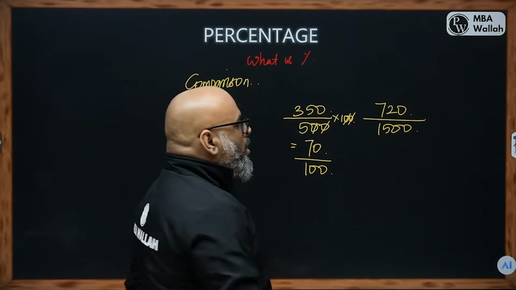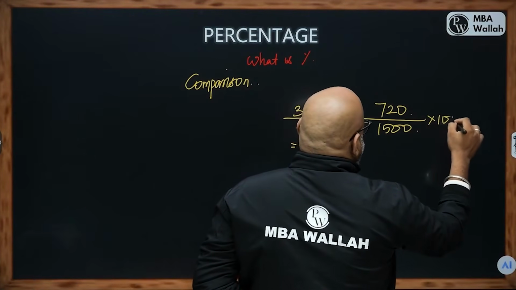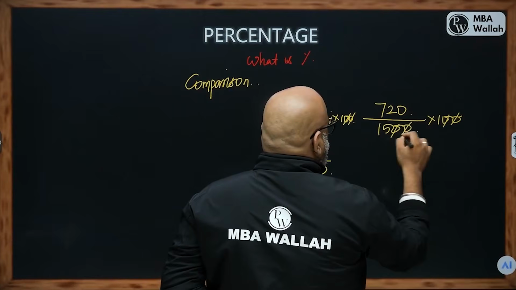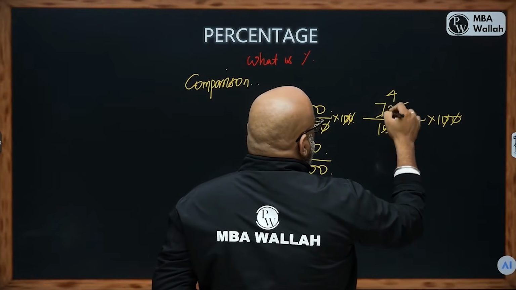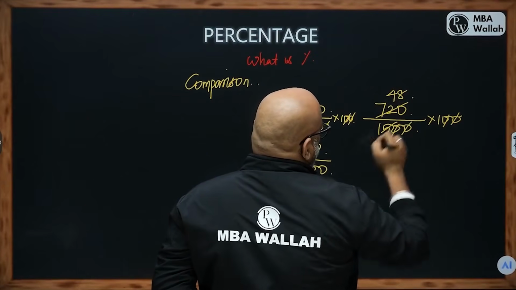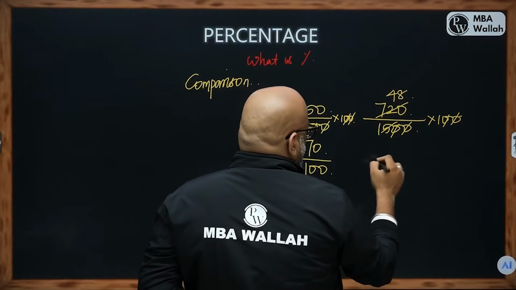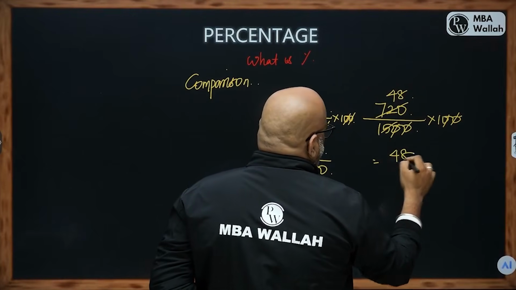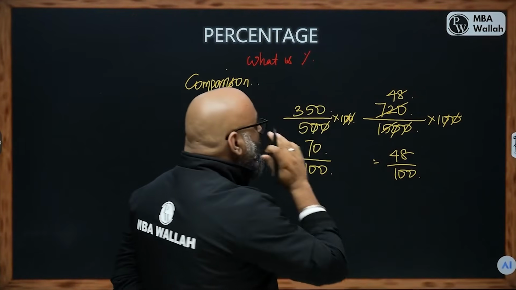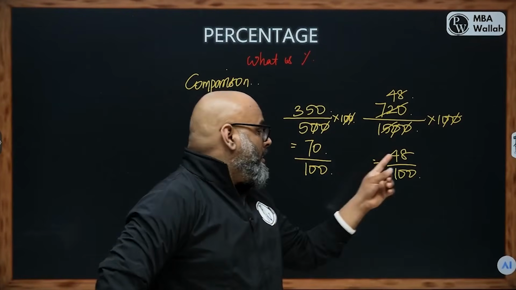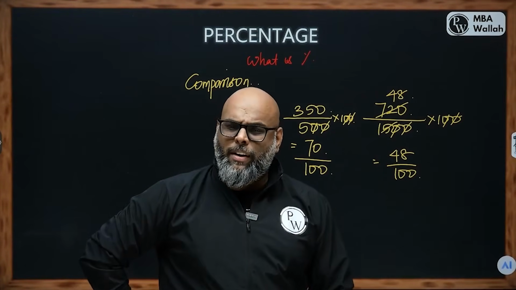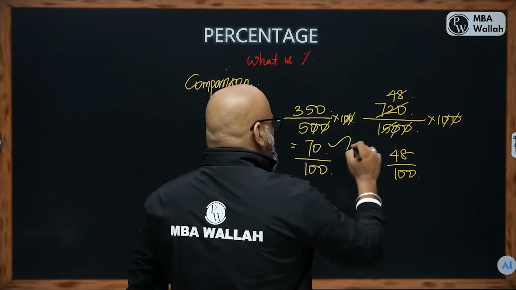If I do the same thing over here, times 100, two zeros get cancelled, 15 goes here 4 times, and then 8 times, 48. So this will be 48 for every 100. Now this guy has scored 70 for every 100 and this guy has scored 48 for every 100. So we say this is better.